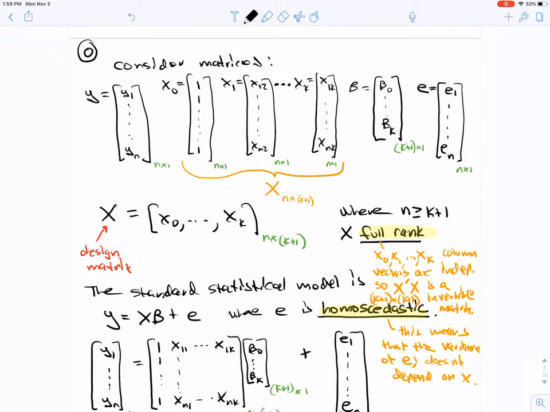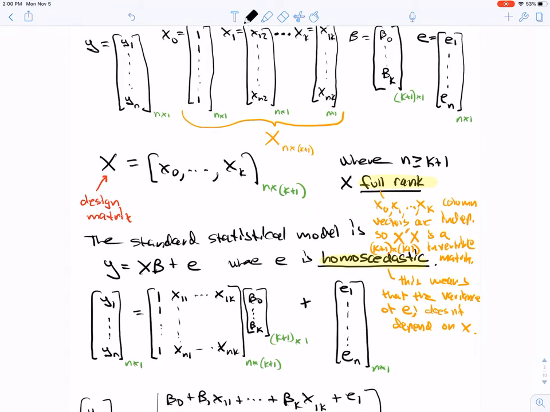But let's continue. Beta is going to be a k plus 1 by 1 matrix. These are the true regression coefficients, and E, which is a column vector E1 to En, is our error terms. Let me emphasize that beta and E are unknown to us, and we can only estimate them.